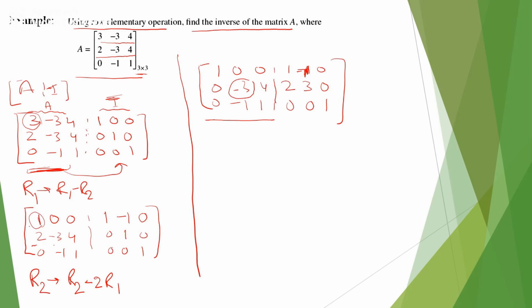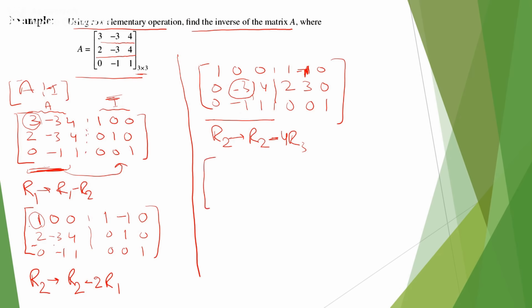So how do we make it 1? We again apply an operation on R2: R2 minus 4 times R3. If we multiply R3 by 4 and subtract from R2, we make it 1.